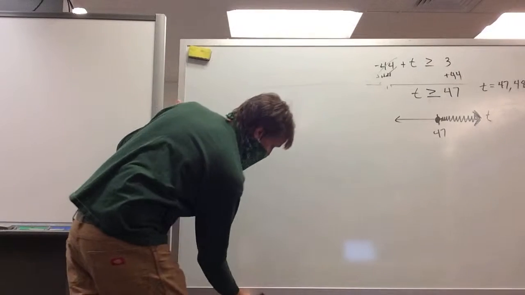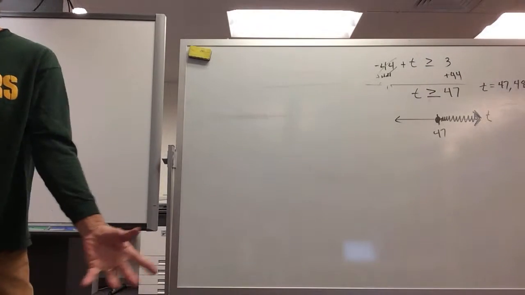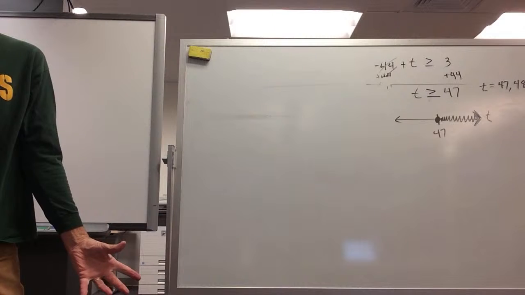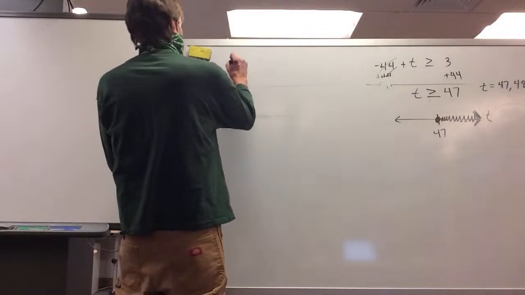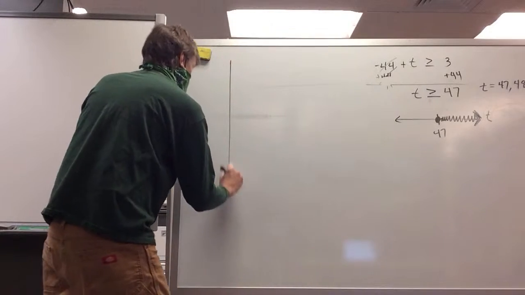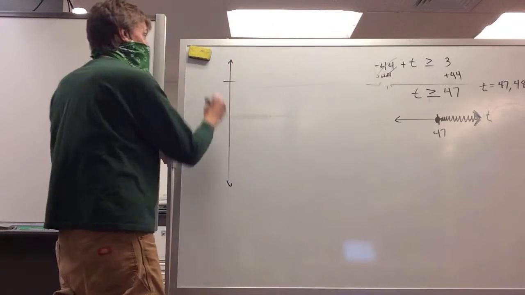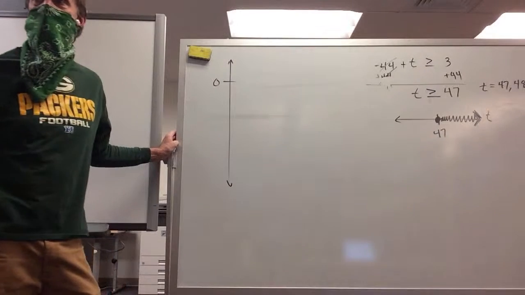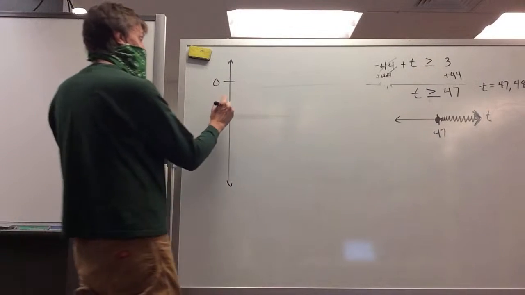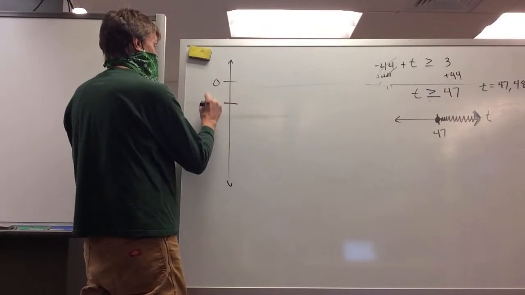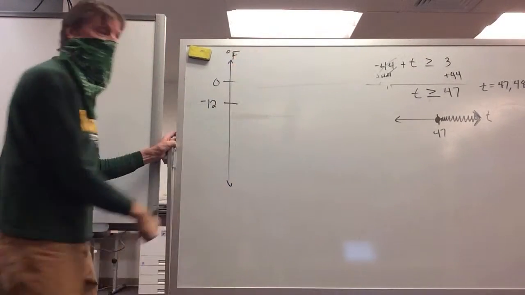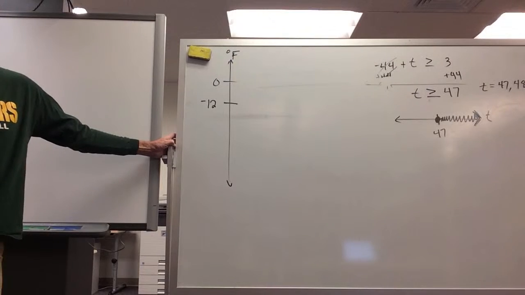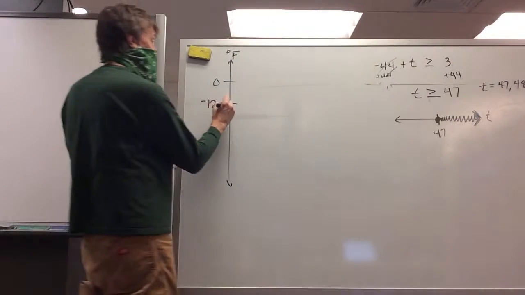So some of these problems, sometimes it's easiest to start with a graph and then figure everything else out. So here's a thermometer. We're going to work below 0 because these are cold temperatures, yes? So where did the temperature start? -12. So this is degrees Fahrenheit. There's the title of my graph. So it started at -12.